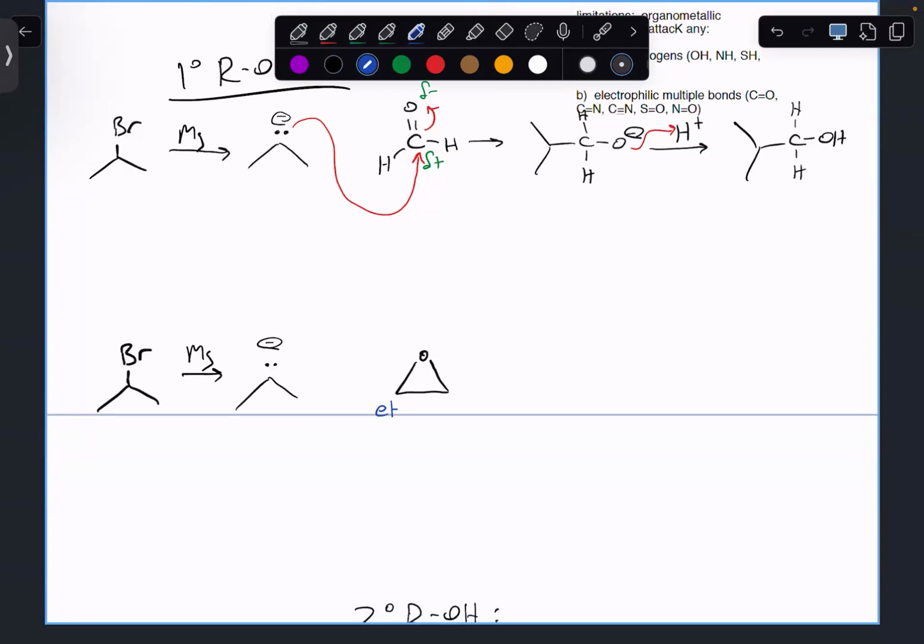I usually call this ethylene oxide, but you might see it called epoxide or oxirane. Oxycyclopropane is another one. But the bottom line is this thing is highly reactive. Can you imagine why that would be? What would make that such a reactive electrophile?